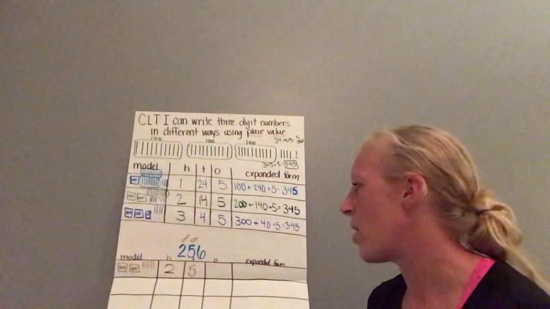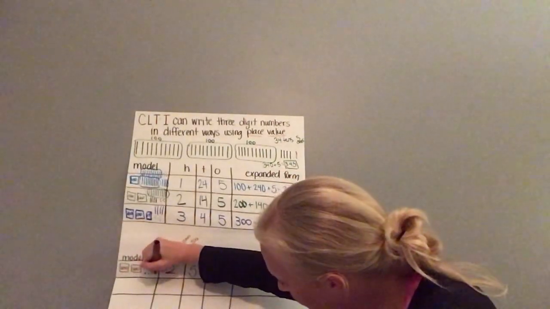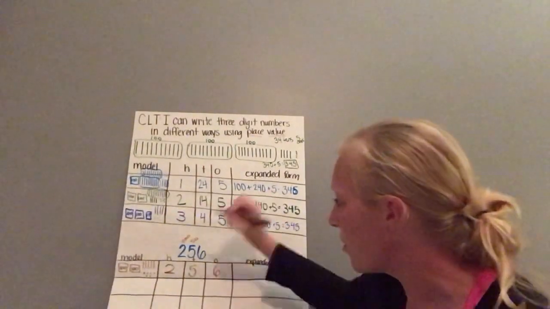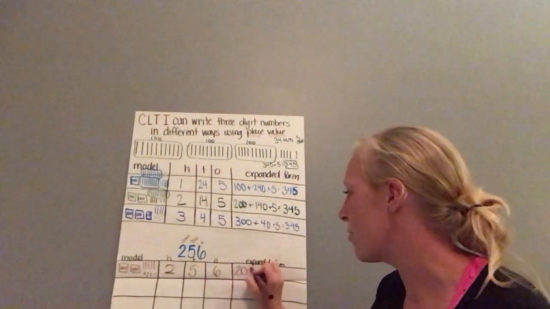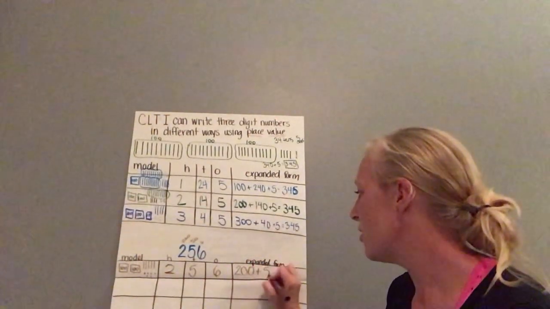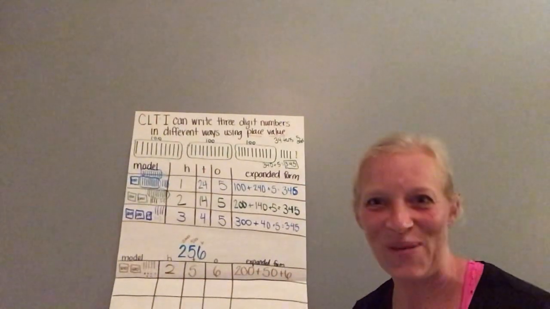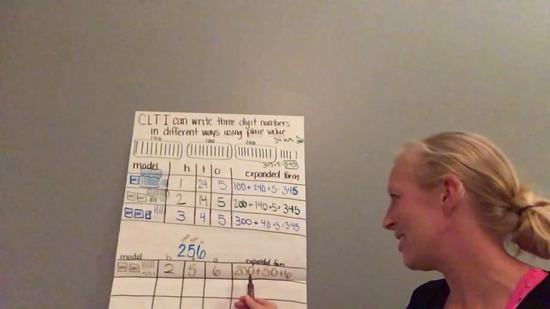And then what about your ones? You have your 6 ones. And how much are those 6 worth? Just 6. And there we go in our expanded form. 256. That's that place value, right? Here's the place. Its value is this.